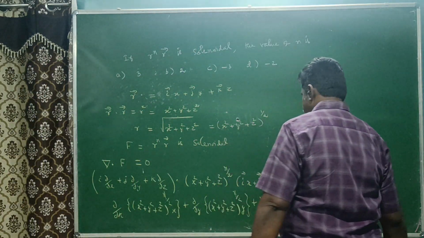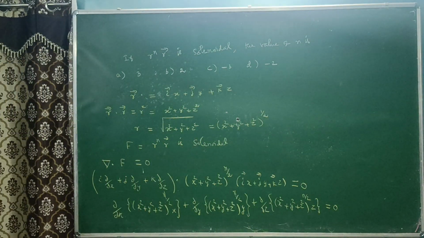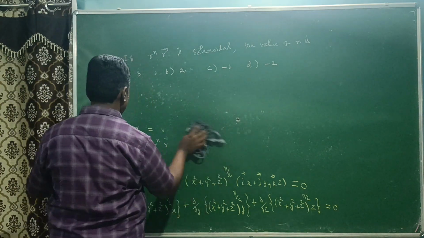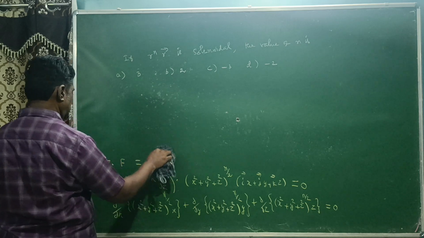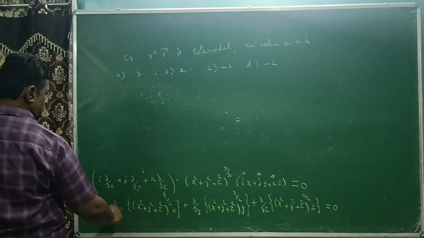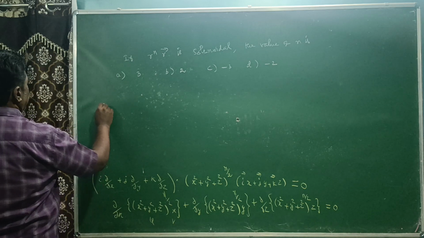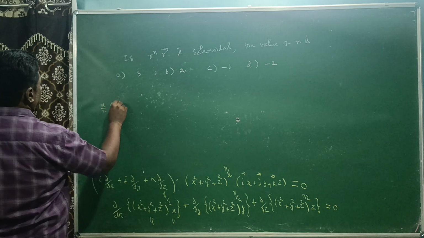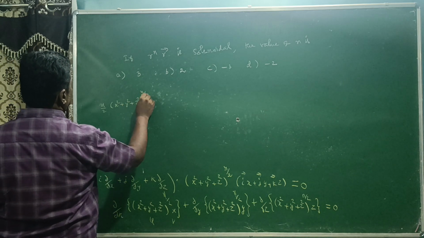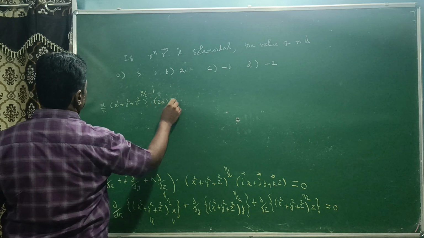Now let us do the differentiation. If you differentiate this, you have to follow the uv formula: n/2 (x² + y² + z²)^(n/2 − 1) into 2x into this x.